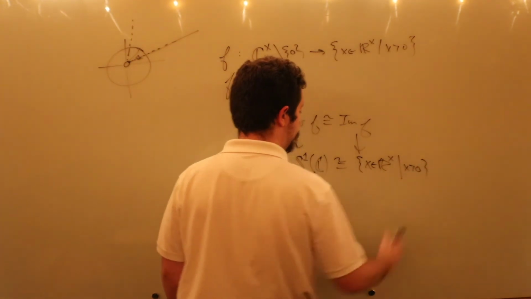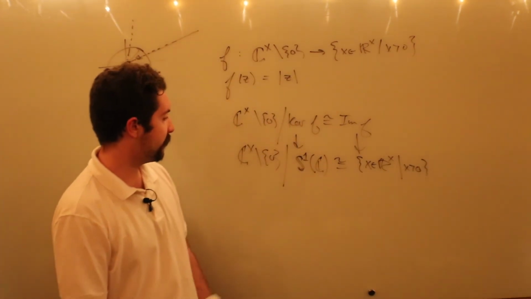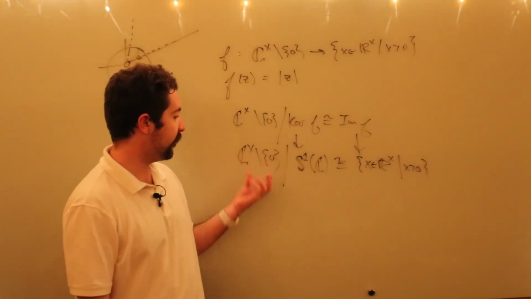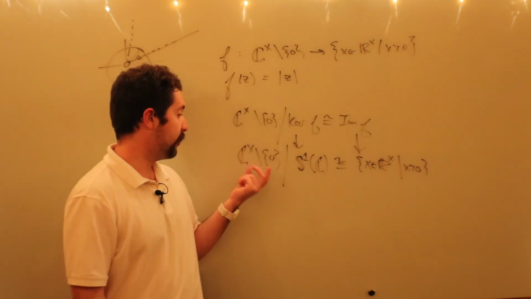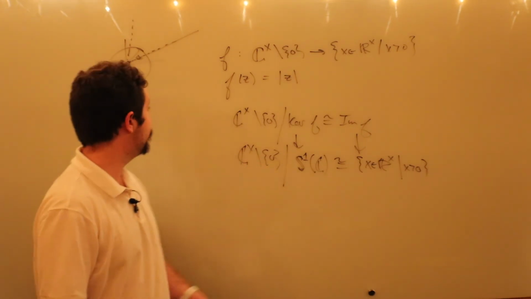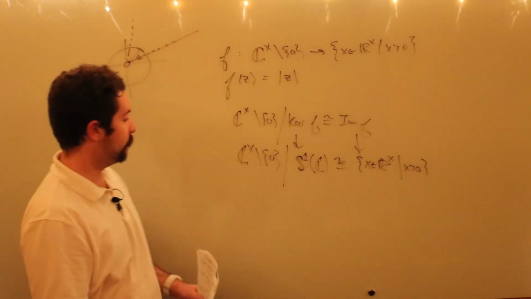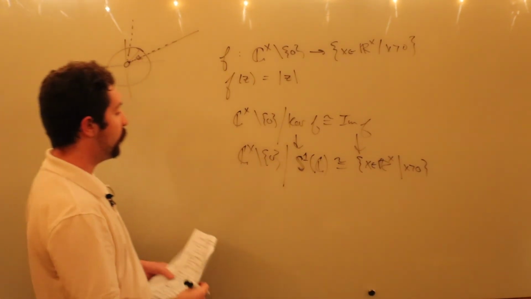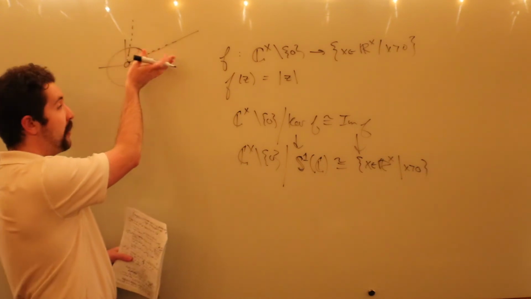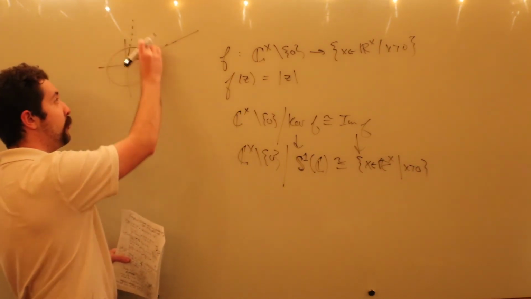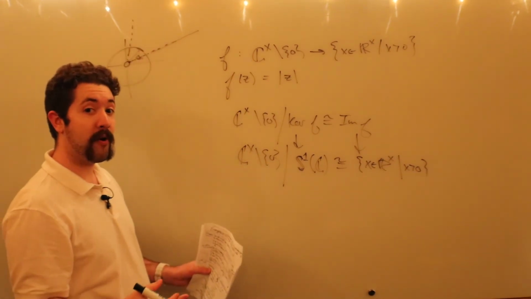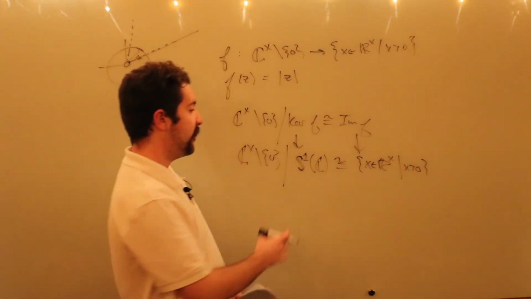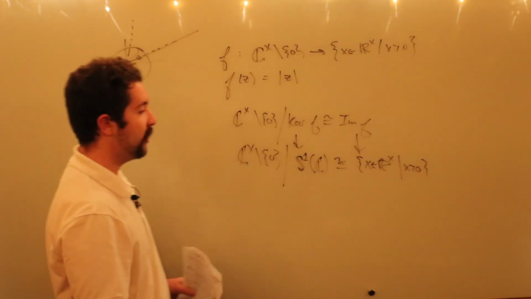This is to say that the punctured complex plane, so without the origin, quotiented by the unit circle, so the punctured plane without respect to circles centered at the origin, think of it that way, is isomorphic to the positive real numbers.